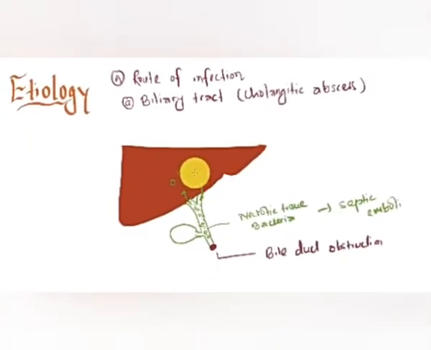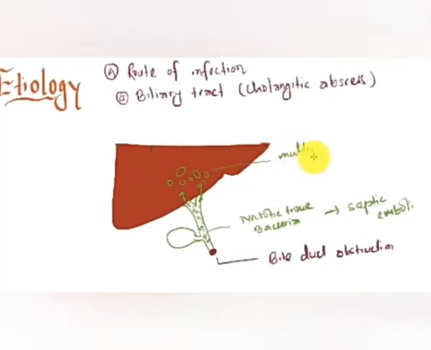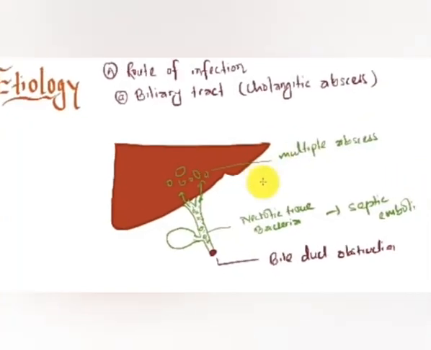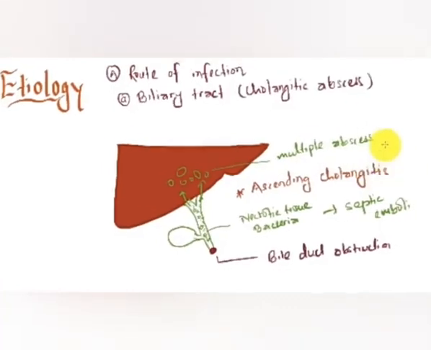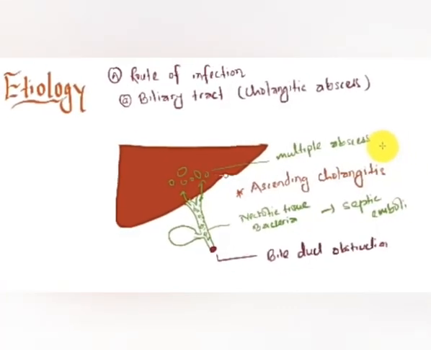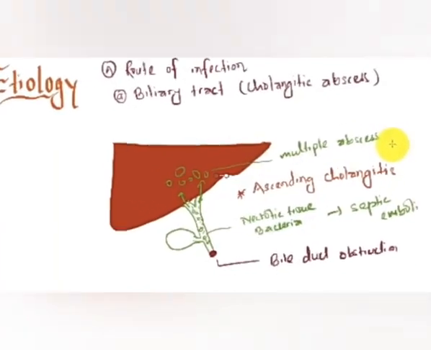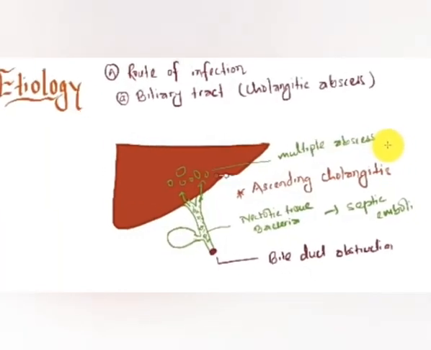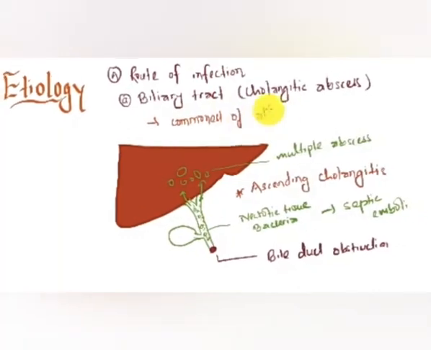The septic emboli will attack the liver, thus causing multiple liver abscesses. This process is known as ascending cholangitis. The setting in of infection inside the bile duct due to bile duct obstruction is known as ascending cholangitis. The biliary tract is the commonest of all sources.